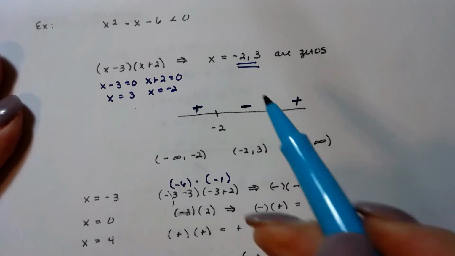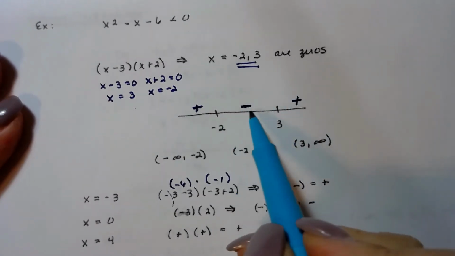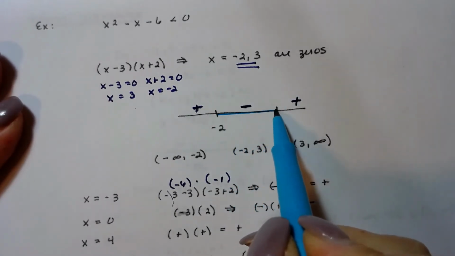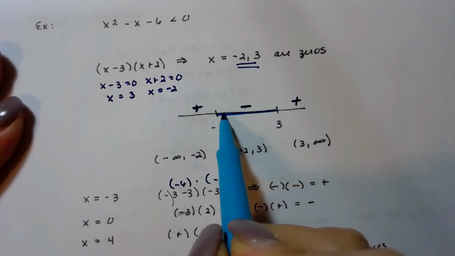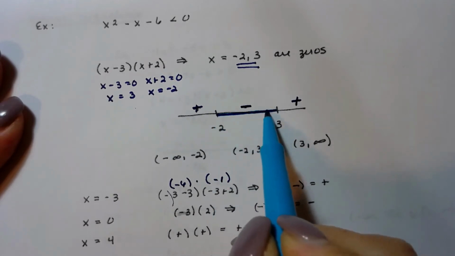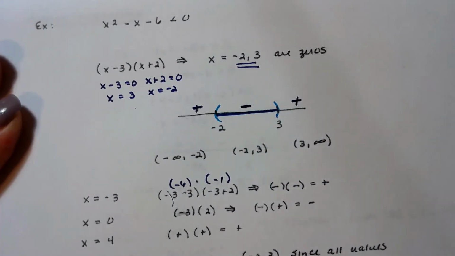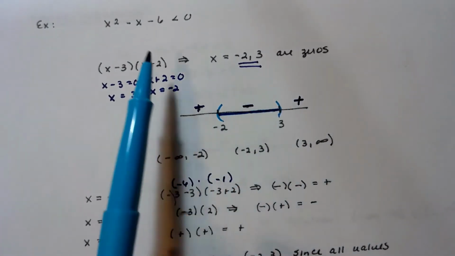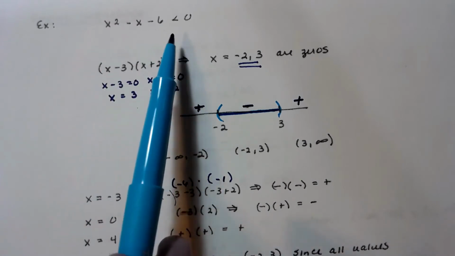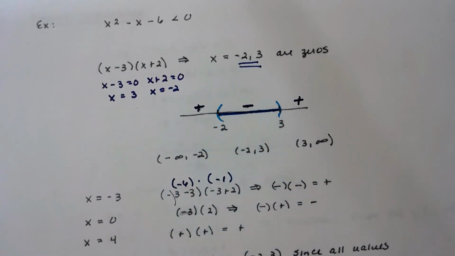So anywhere my polynomial is negative, which in this case is between negative 2 and 3, that's going to be my solution. And if I want to graph that, I just shade that in and cap it off here with parentheses. So the solutions for this polynomial that make this statement true lie between negative 2 and 3, not including negative 2 and 3.